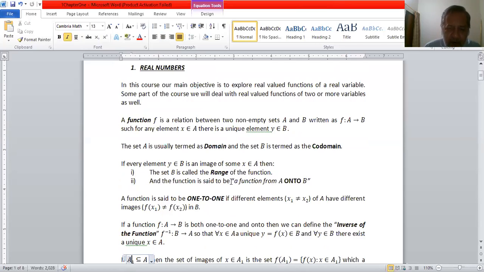The set of images is called the range of the function. If every element in the second set is an image of some x in the first set, then this function is an onto function. And we have a one-one function whenever different elements have different images. You people are familiar with these terms.